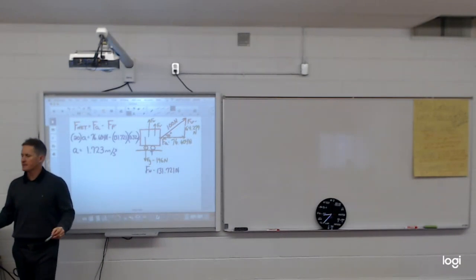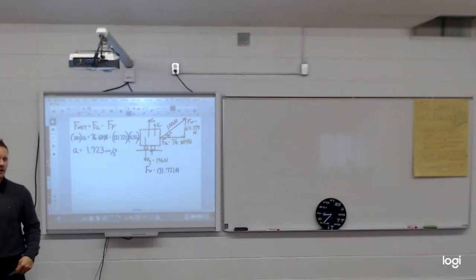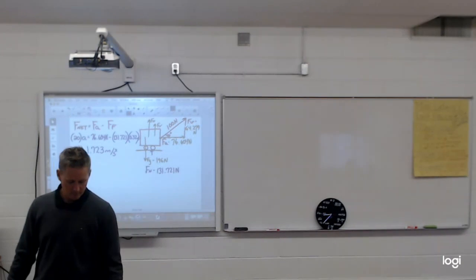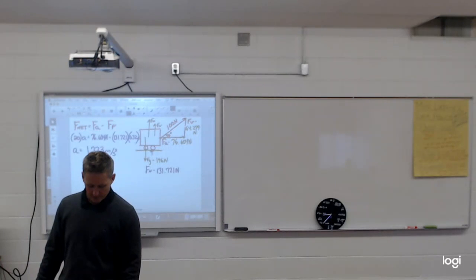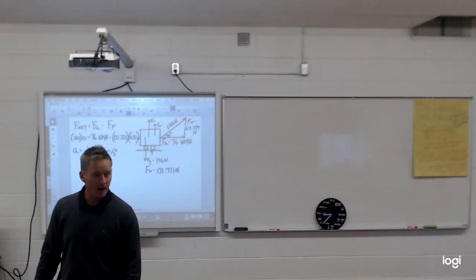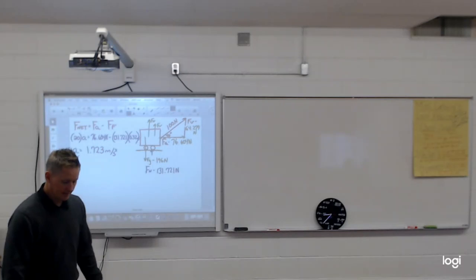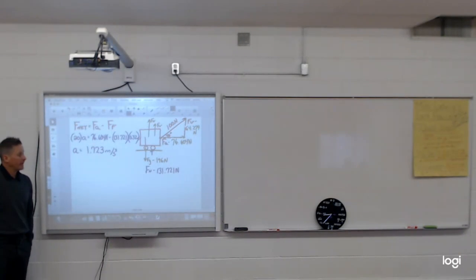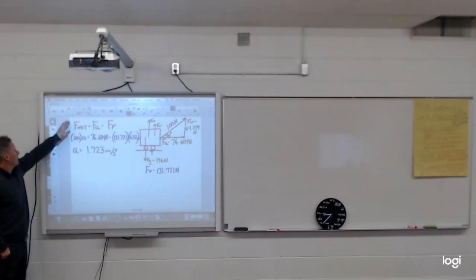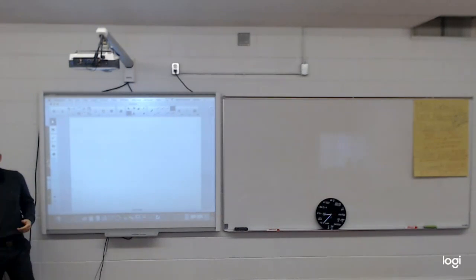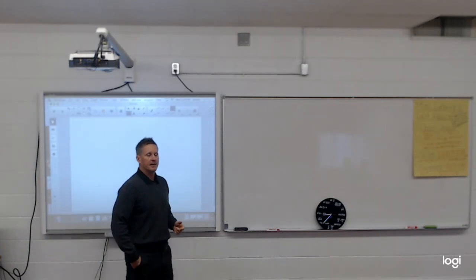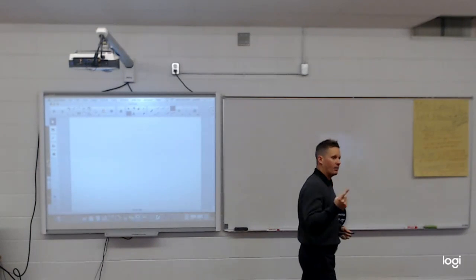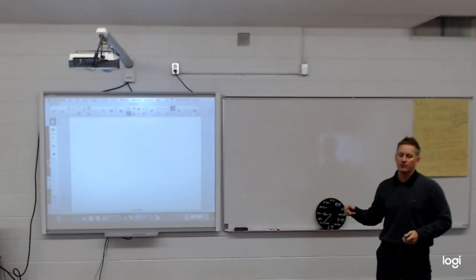Everything's done the same way, except we now add on the normal force and the vertical force. Okay, we all right so far? Vertical force is always not that bad. Okay. Next question.